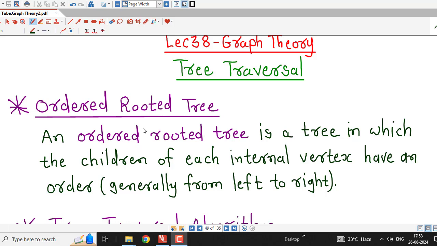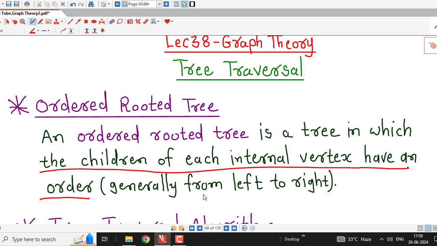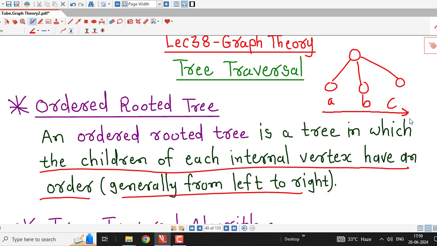What is an ordered rooted tree? An ordered rooted tree is a tree in which the children of each internal vertex have an order, generally from left to right. If the children of each internal vertex have an order from left to right, then that type of rooted tree is called an ordered rooted tree.